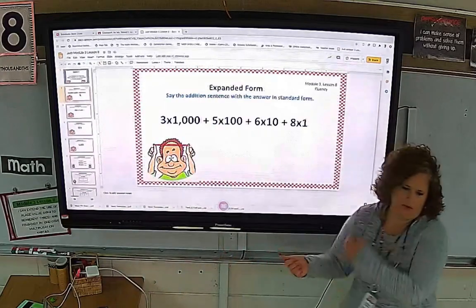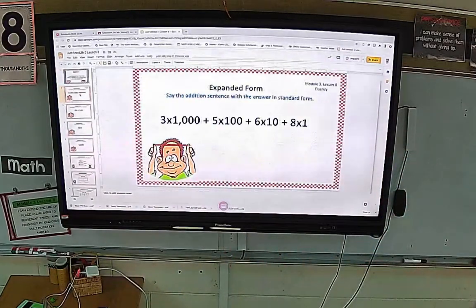Before we jump in, because as soon as we get started we're going to need it, go ahead and get out your regular whiteboard, place value chart, marker bag, and eraser. All of those out.